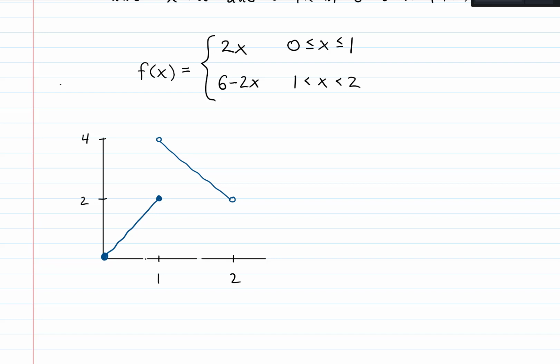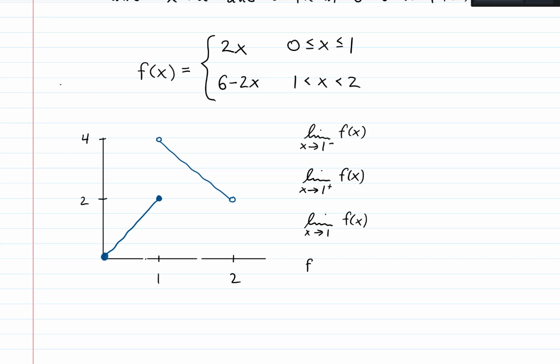Now, we're going to answer 8 questions. I'm going to write all 8 of them down and then we'll find them. Okay, we're going to find the limit of our function as x approaches 1 from the left. We're going to find the limit as x approaches 1 from the right. And then we're going to find the limit as x approaches 1 from both sides.